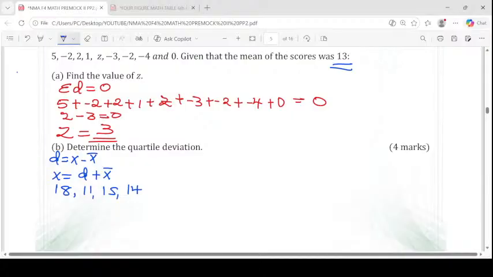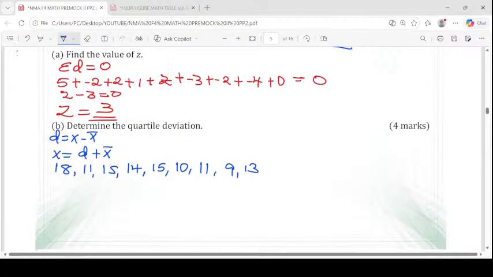Z, which is 3, plus 13 is 16. Negative 3 plus 13 is 10. Negative 2 plus 13 is 11. Negative 4 plus 13 is 9. 0 plus 13 is 13. That is 9 values in total.